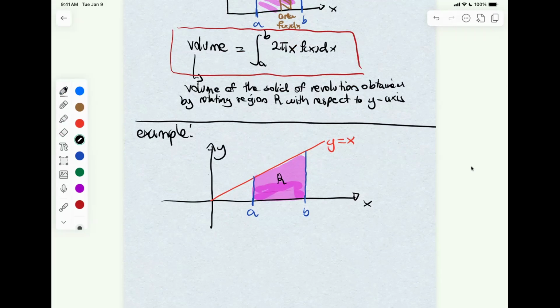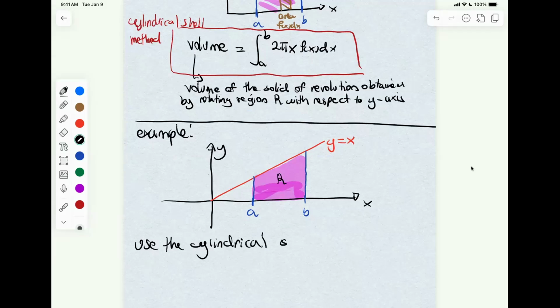So I'll put the name next to this formula. This is called the cylindrical shell method, because as you saw in the animation, you're breaking the region into small shells. The problem would say something like use the cylindrical shell method to find the volume of the corresponding solid of revolution.